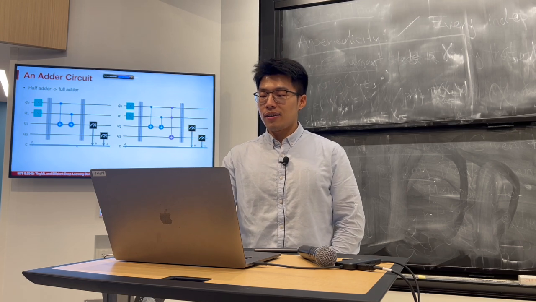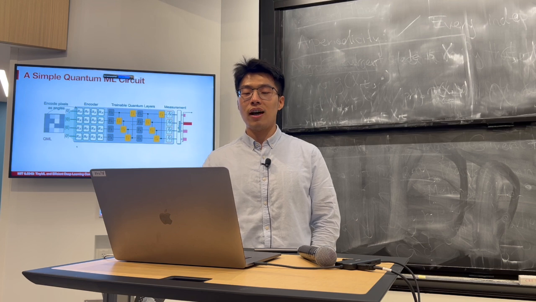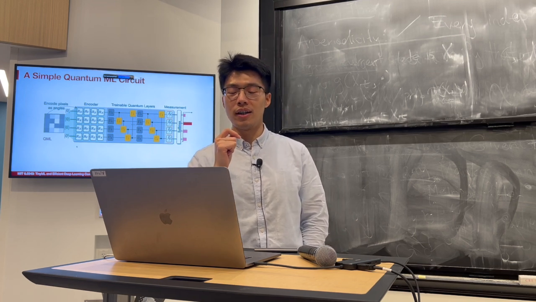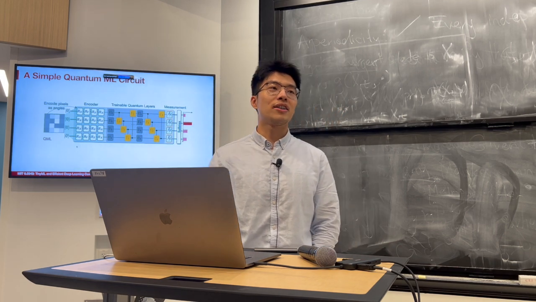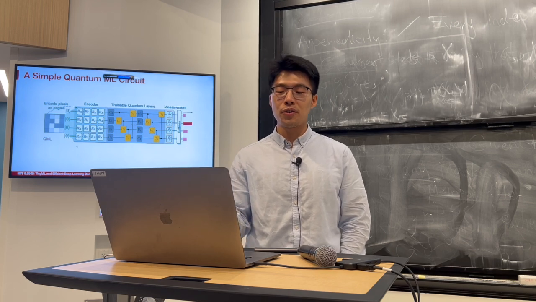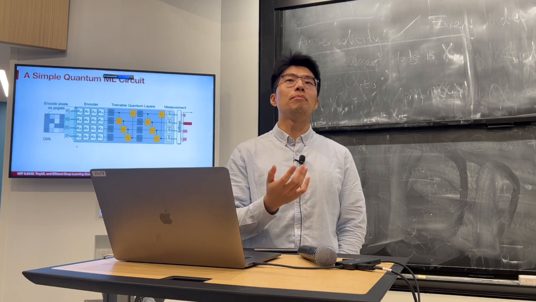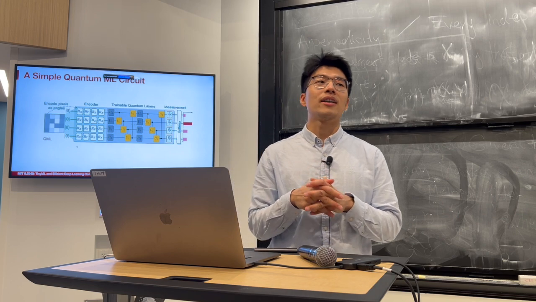Okay, so that is the basic process of the full adder. Here we can have a look at a very quick example of a very simple quantum machine learning circuit. For example, if I want to do some MNIST classification, the first thing we need to do is to encode the MNIST image to the quantum bits. There are many processes to encode the classical state to the quantum bit.